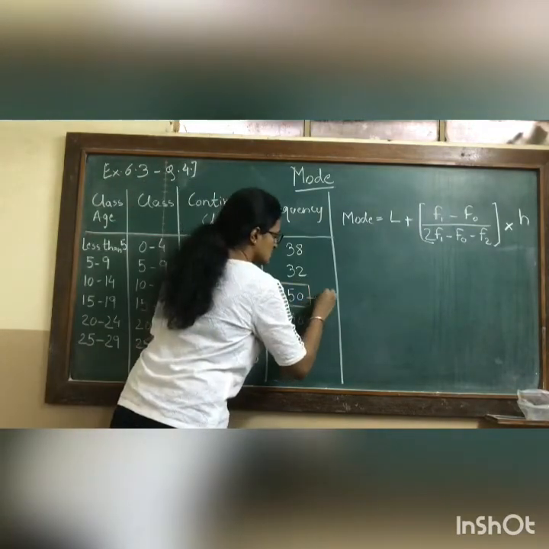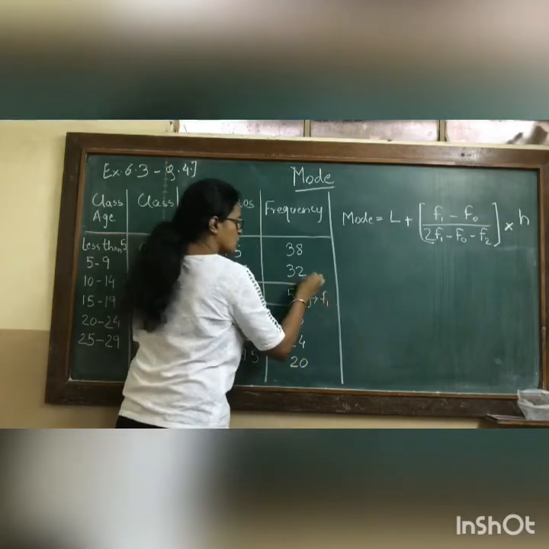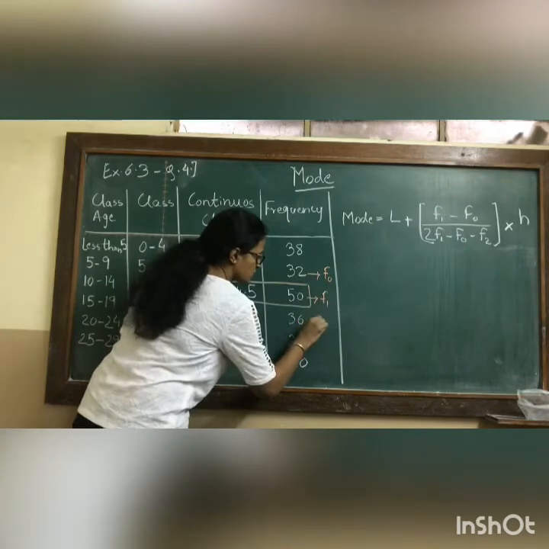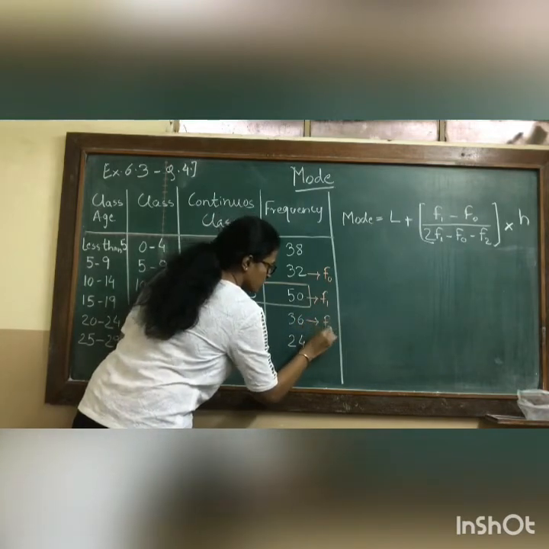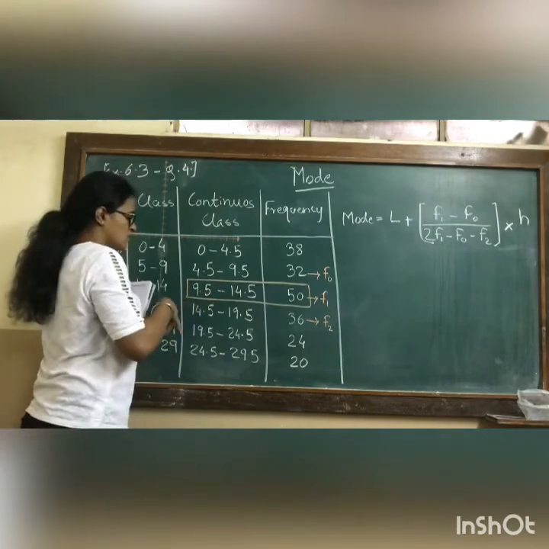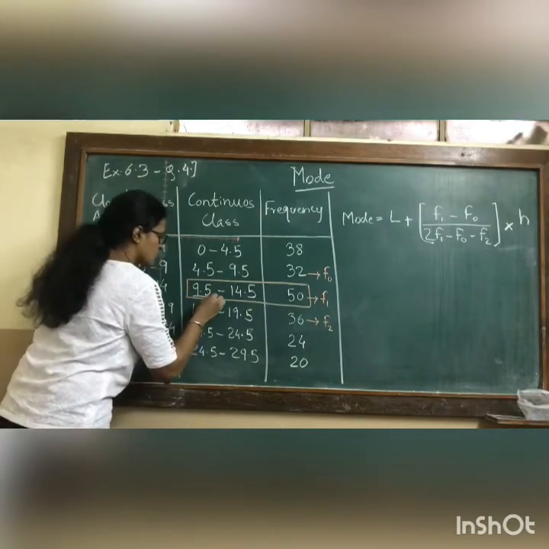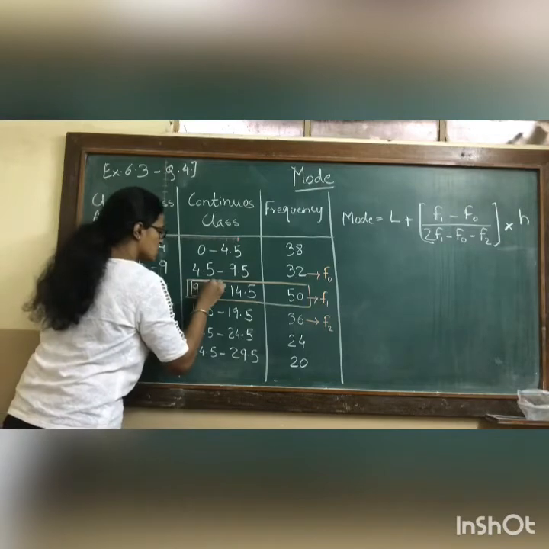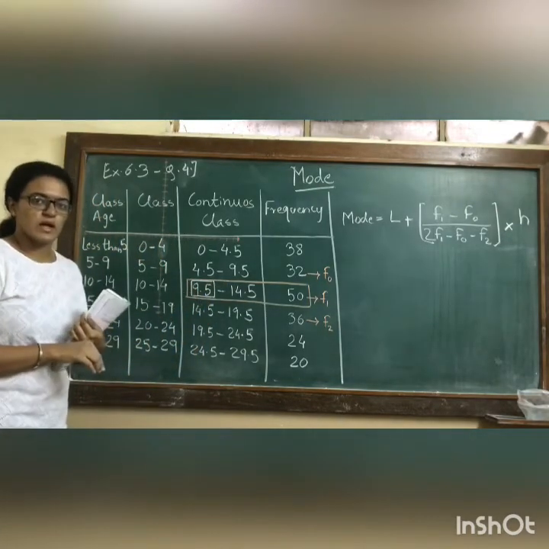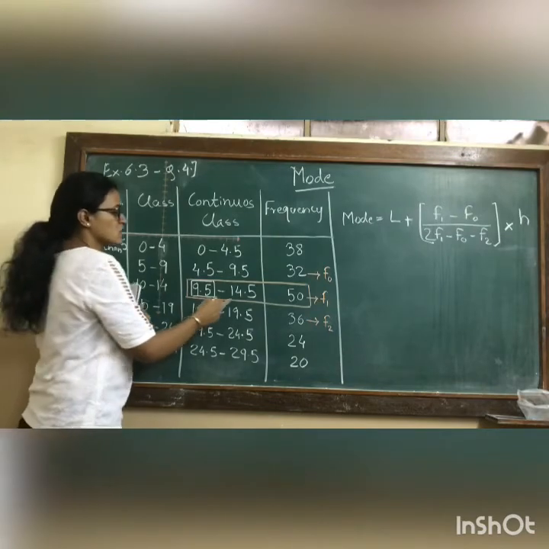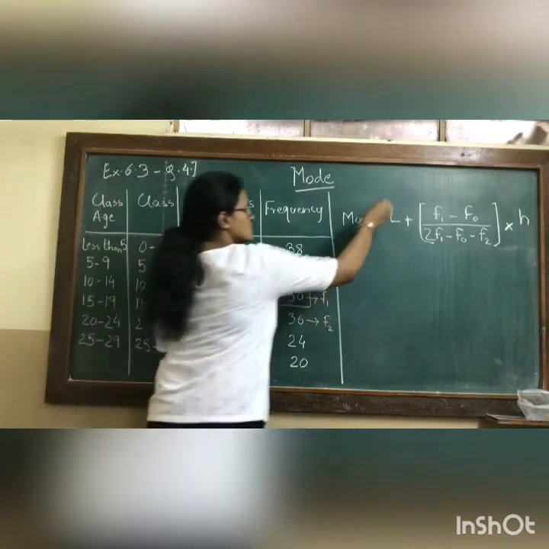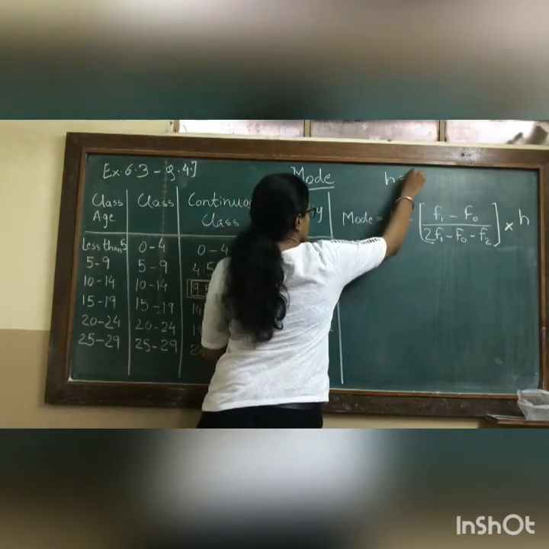Now this is F1, the preceding frequency is F0, and the next frequency is F2. We will require L, that is the lower limit of the modal class, it is 9.5. And also we will require H, that is the class width. So 14.5 minus 9.5 is 5. I am writing it down here.